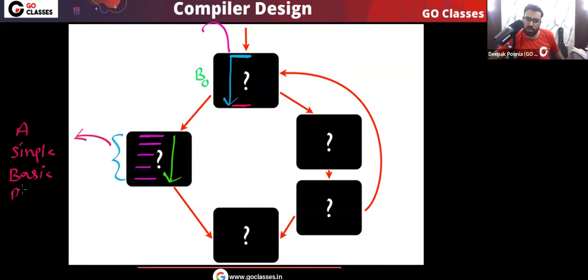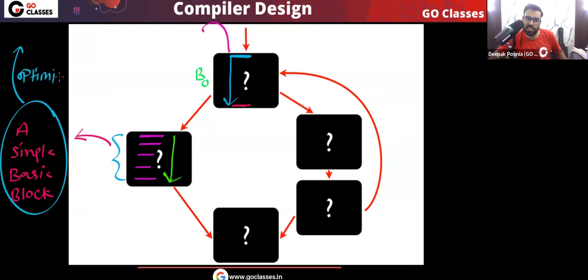This is a single basic block, and if you perform some optimization within a single basic block, that will be called local optimization. Is that point clear? Let me know. Very easy.